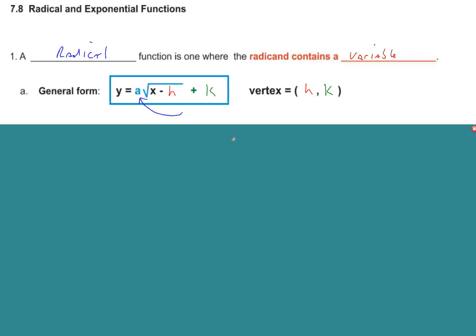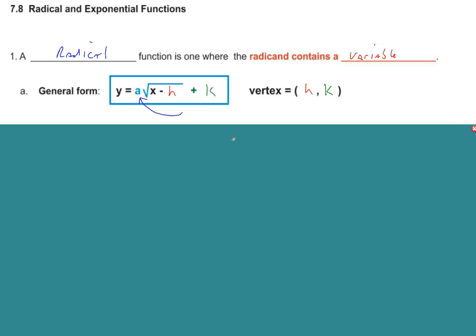All right, so for a parabola, a would control whether it was steep or flat. Kind of the same idea, steep or flat.